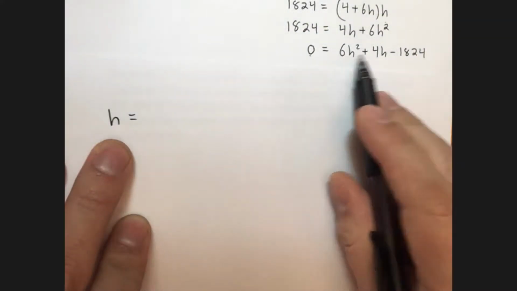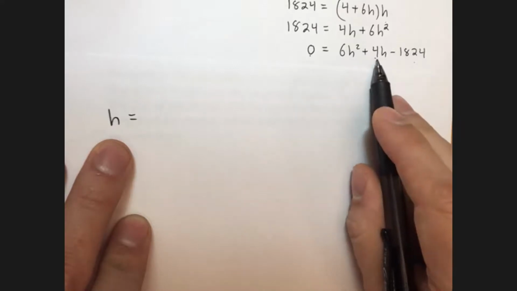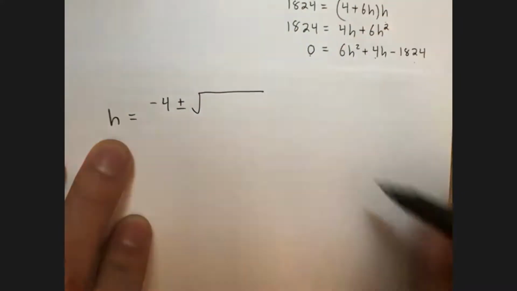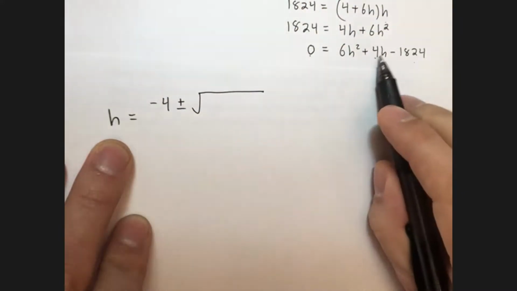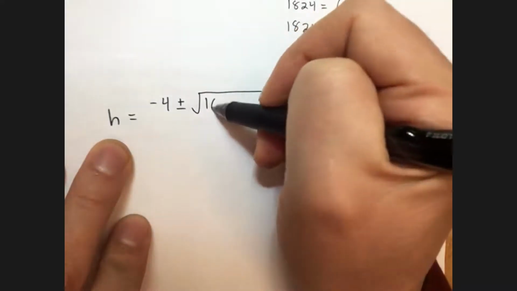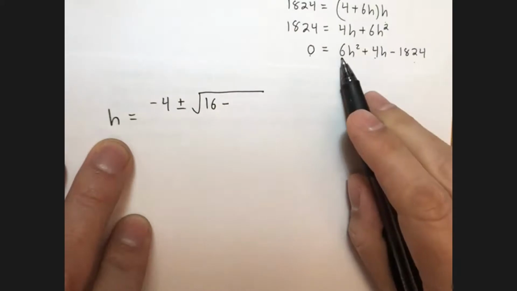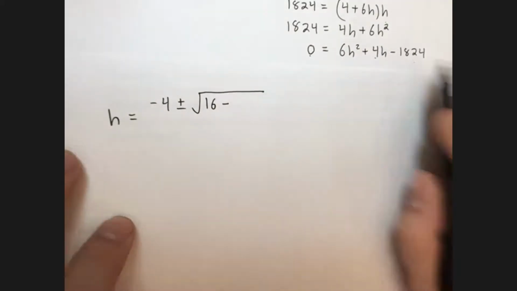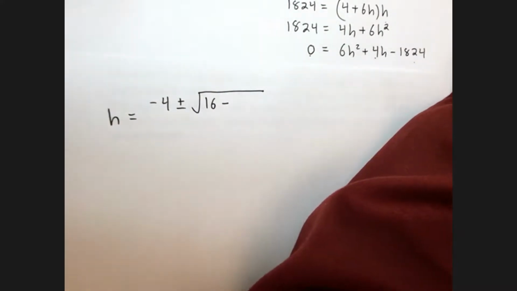Here's the a, b, and c. So it's negative b, so negative 4 plus or minus square root of b squared minus 4 times a times c. So 4 times 6 times 1824, big number, but we can do it. I'll do that on a calculator.